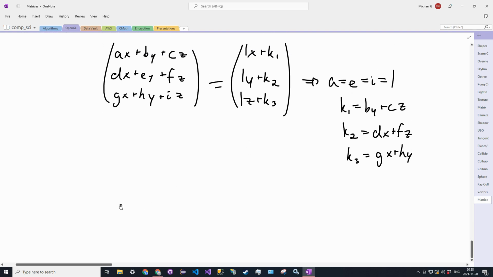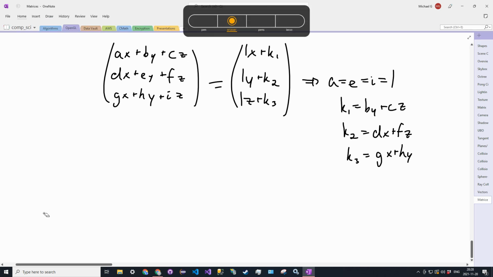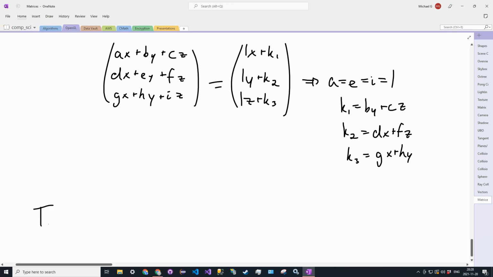So now let's try something different. If we have Tx, where now T is a 4x4 matrix, X is a 4x1 matrix, and we're going to have X prime as another 4x1 matrix.